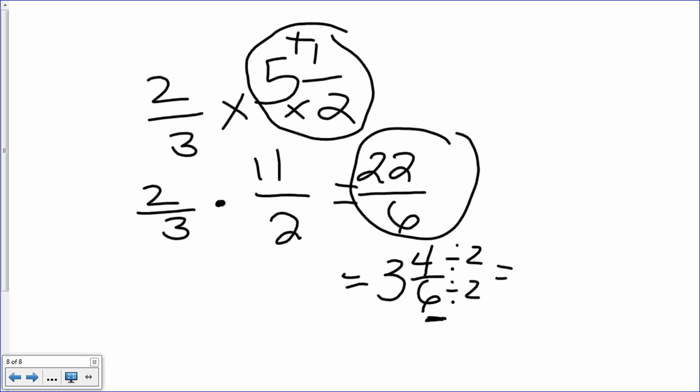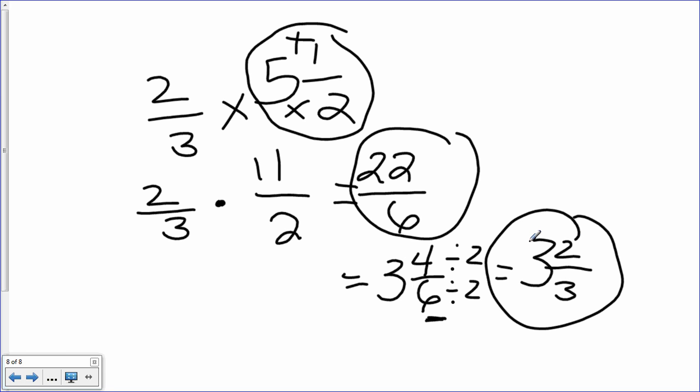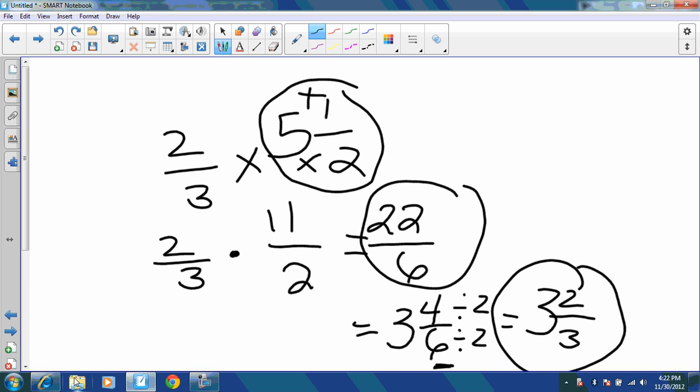So now I have 3 and 2/3. And the way that I know this is simplified is if there's no more factors that my numerator and denominator share, and that is correct. So my answer is 3 and 2/3. And that's how you multiply mixed numbers.